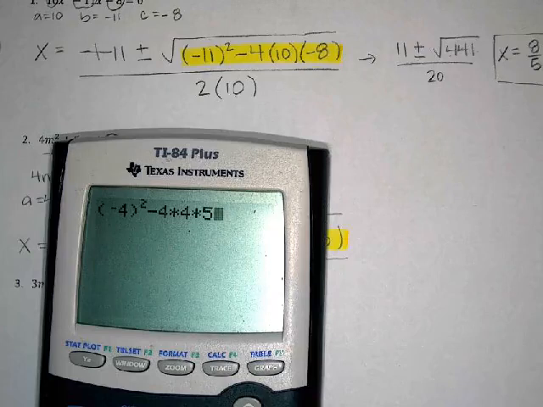Negative 64? Anybody else get negative 64? Negative 64? Okay. So let's go ahead and write down that's what we have.